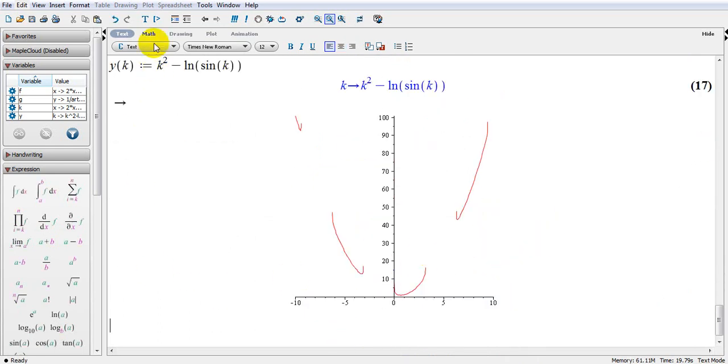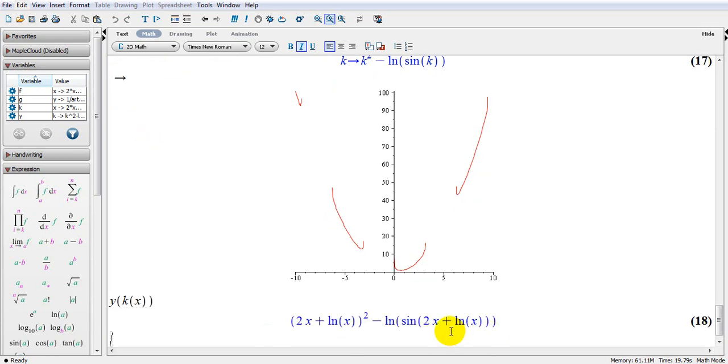If I want to find y of k of x, so k, which is a function of x, is itself a variable for y, how do I correlate y as a function and x as variable? I type like this and press enter, and this is how it looks.